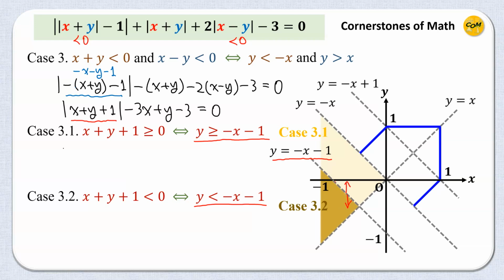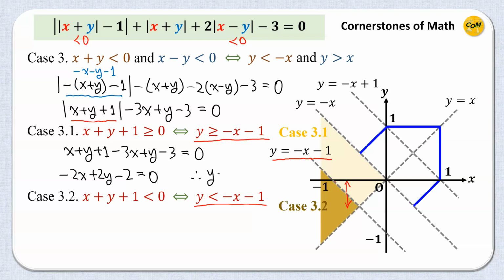For case 3.1, we have x plus y plus 1 minus 3x plus y minus 3 equals 0. So minus 2x plus 2y minus 2 equals 0. Therefore, y equals x plus 1. So we have the graph of y equals x plus 1 here.